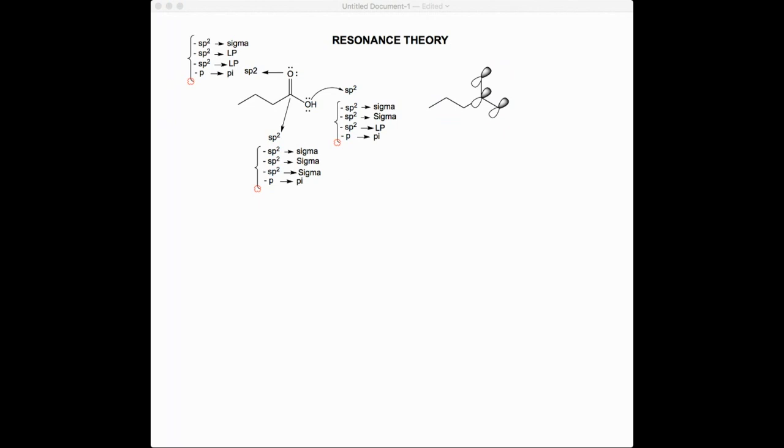I want you guys to think about the answer. What's the total number of pi electrons that we have in that system? It's also a very relevant thing to reason, and hopefully after today's class, everybody will know this well.